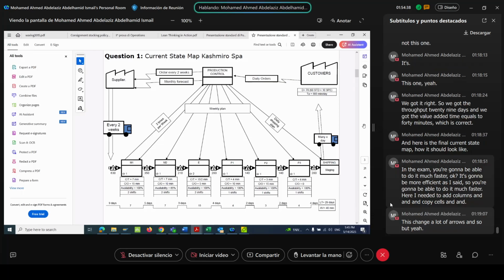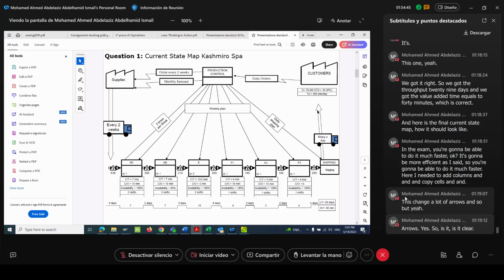So is it clear? Future state, you will not have anything, but current state, you will have it in the most efficient way possible.